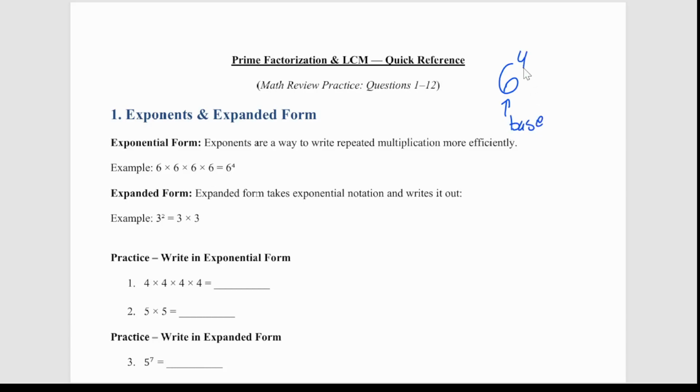The number up top here, that's going to be your exponent. So the base tells you what is being multiplied, while the exponent says how many times we multiply.